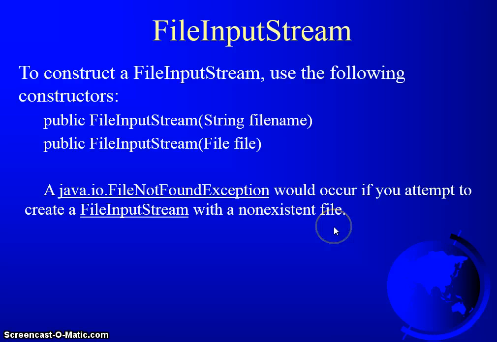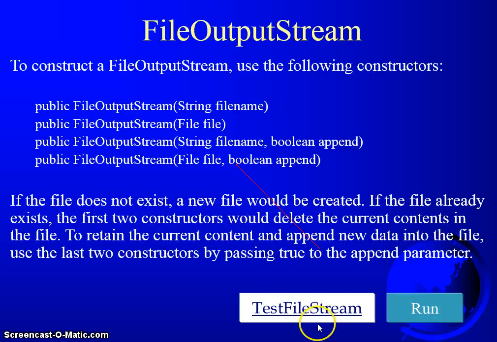Now, of course, we have to deal with exceptions. If you look at FileInputStream and we want to read the file, same as the principle of text files, if we don't find it, it has to throw an exception. For the output stream, we have an overloaded constructor here. Same, you can output directly to the file name or to the file object.